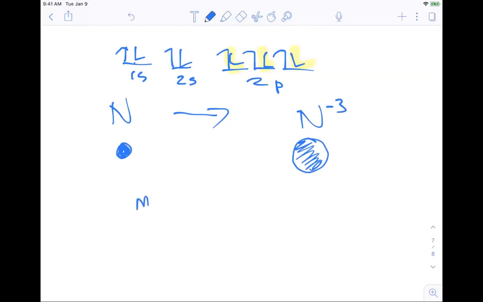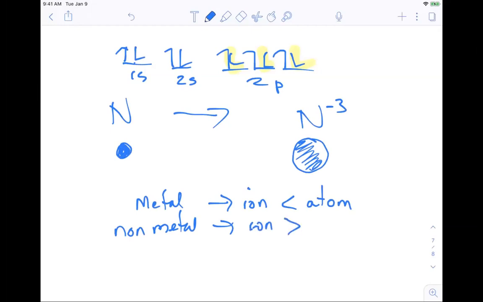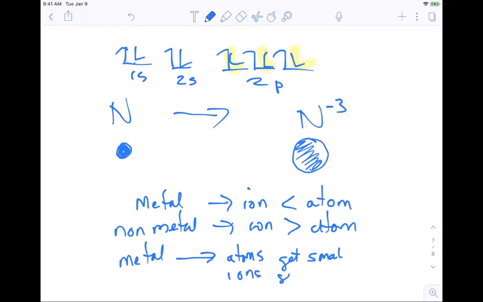So for a metal, the ion is smaller than the atom. For a nonmetal, the ion is bigger than the atom. And within the metals, as you go across, the atoms get smaller and the ions get smaller.